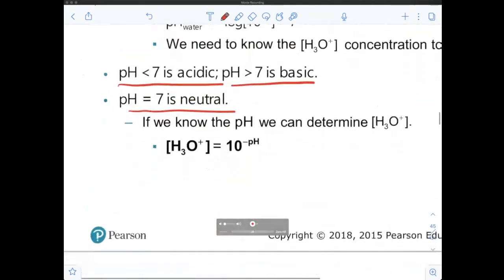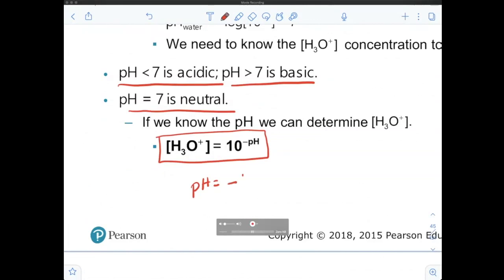And as we move along, to figure out the hydronium ion from the pH, you want to use this value right here. Now, I mentioned this to the class, the way I try to remember this in rearranging logarithmic equations: pH equals negative log base 10 of the hydronium ion concentration. I've also had some feedback from students on a better way to communicate this.